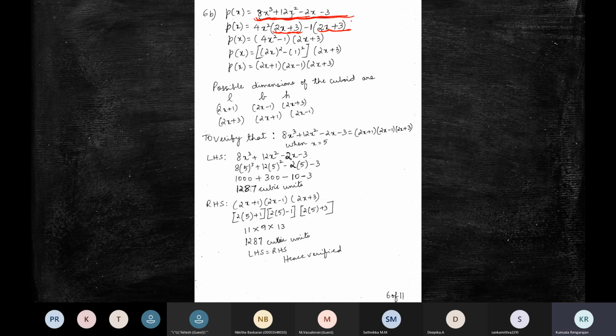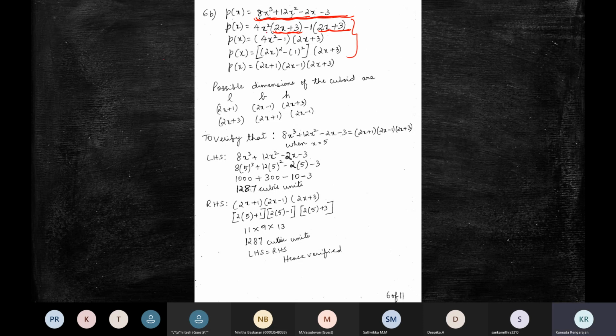Supposing you forget to try this, you can always factorize it using the factor theorem. That will always work. Factorizing by grouping may or may not work, but you can always factorize using the factor theorem.